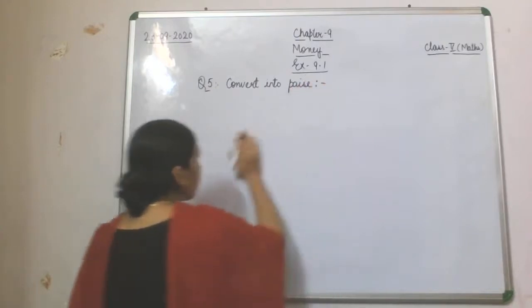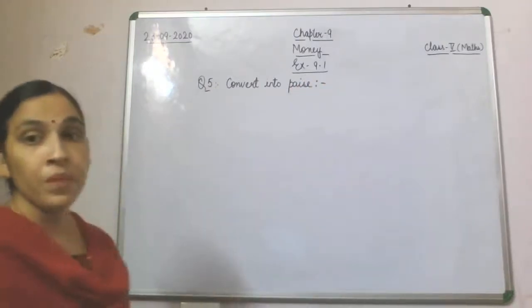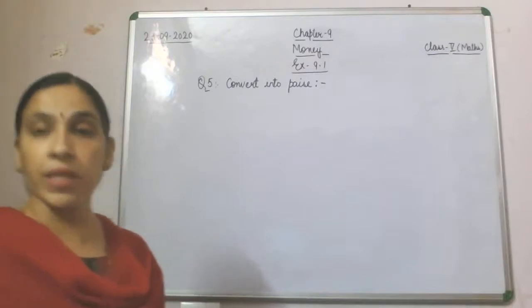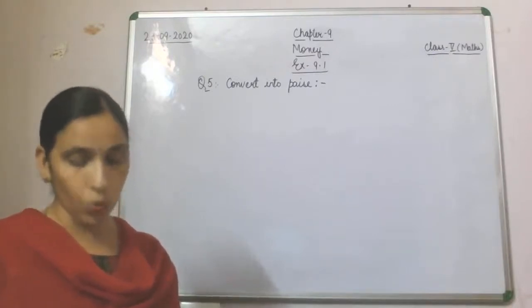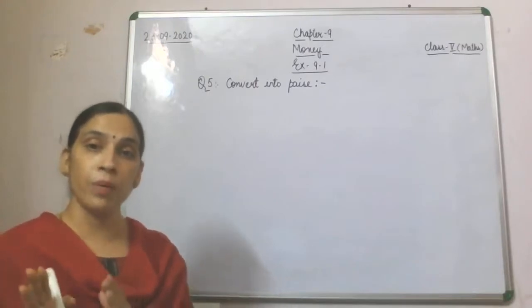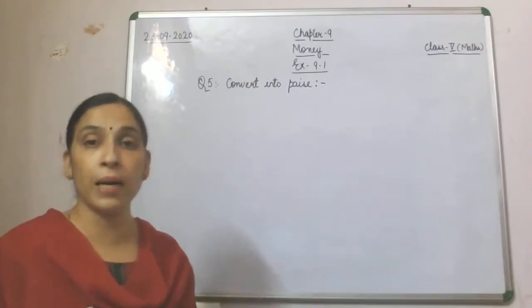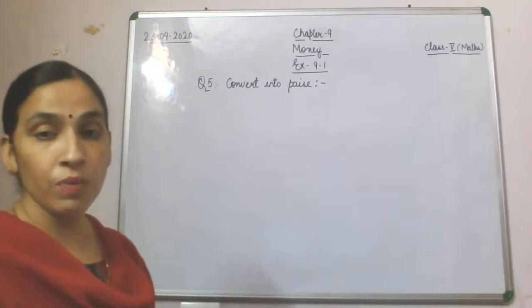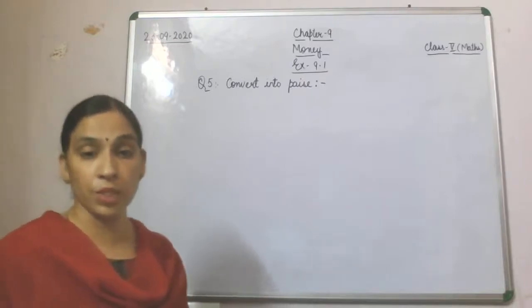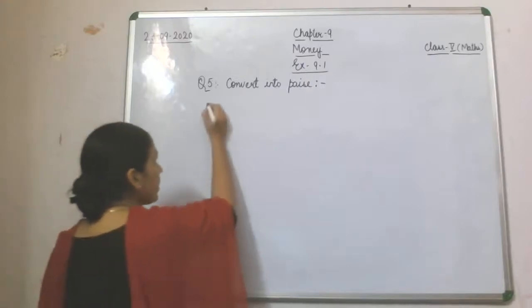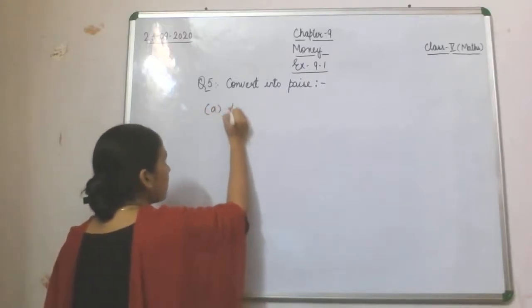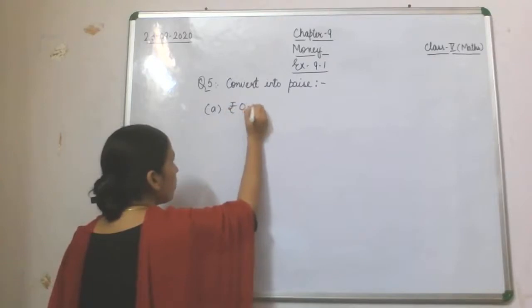Now what is there? The question is given in rupee, and then bigger to smaller. How do you go from a bigger unit to a smaller unit? By multiplication. So we will do multiplication here. Now let's see A part. A part is rupees 0.09.